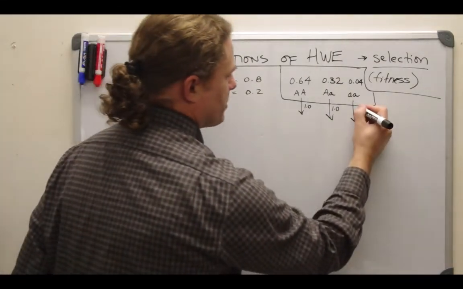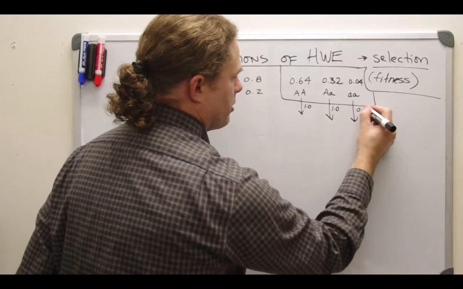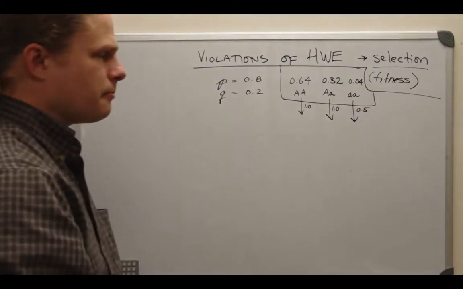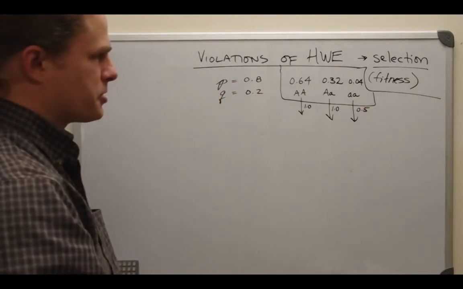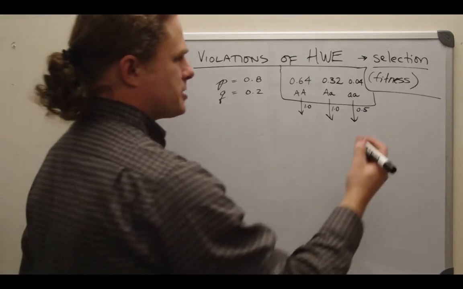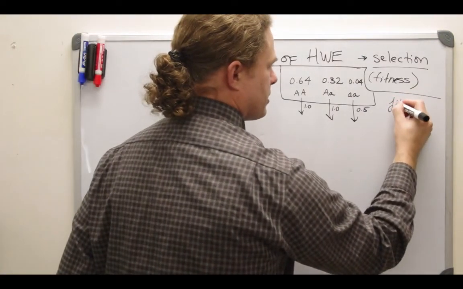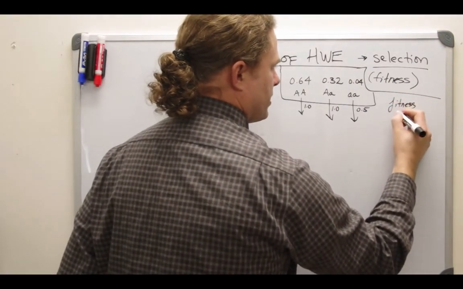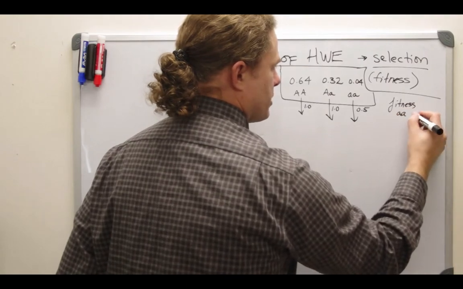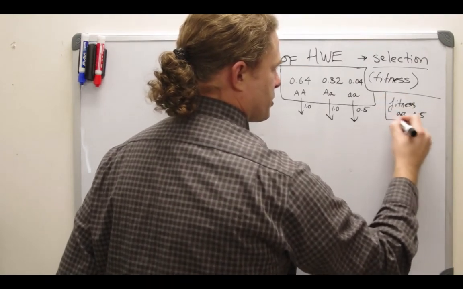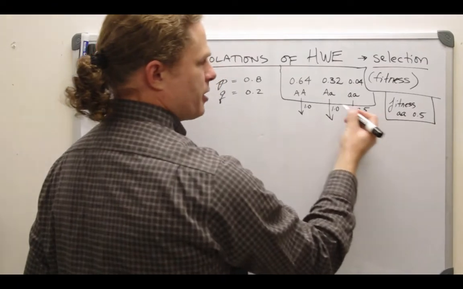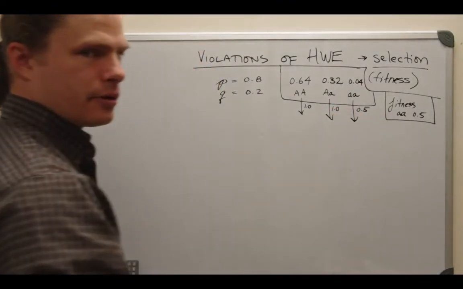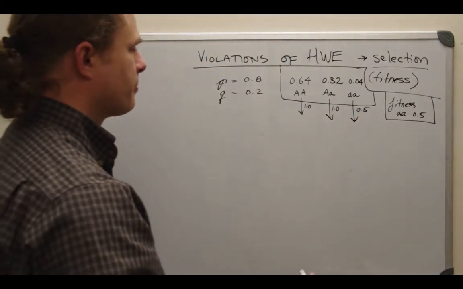But now in these new environmental conditions, only 0.5 of the little a individuals are able to reproduce. We would now say that the fitness of the little a genotype is now 0.5. It's reduced to half compared to what we would see in the other genotypes.